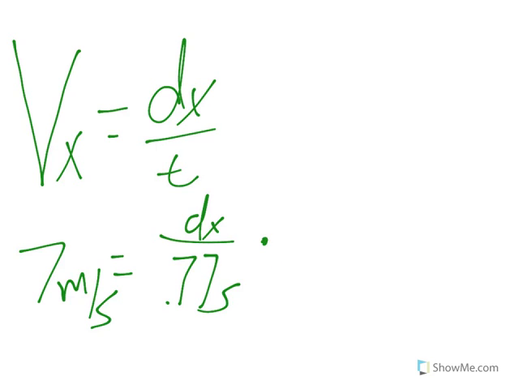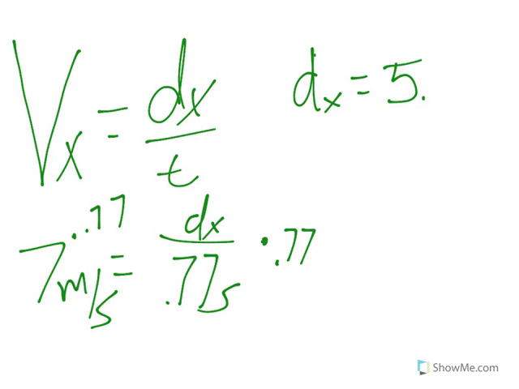We have to multiply both sides by 0.77, and if we do that, we solve for dx. So we get dx equals 5.39 meters. So the river that she crossed just then was 5.39 meters.